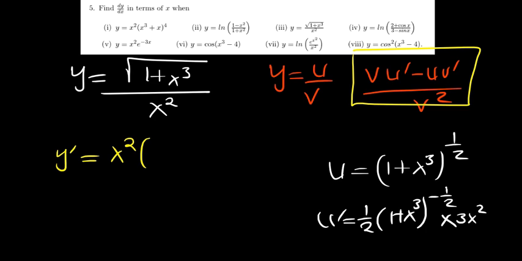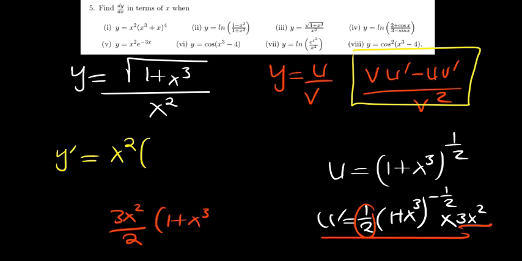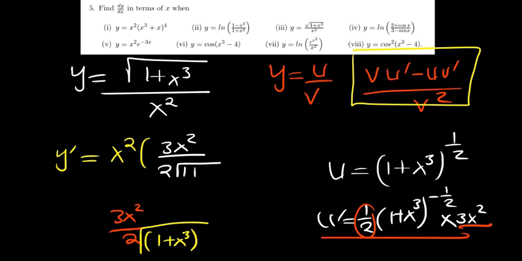After simplifying this, 3x squared over 2, after multiplying by the half, and then in the brackets we remain with (1 plus x to the power 3) raised to the power negative half. We can take that to the denominator so that we have a positive power, (1 plus x to the power 3) raised to the power half. Positive half is the same as the square root. So our derivative becomes 3x squared over 2 root of (1 plus x to the power 3).